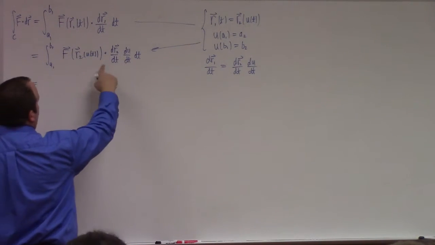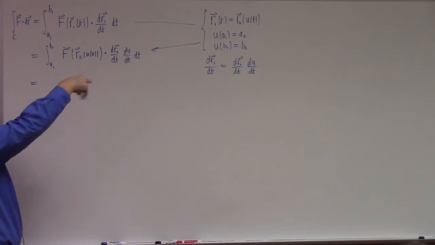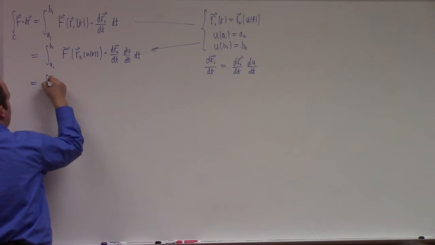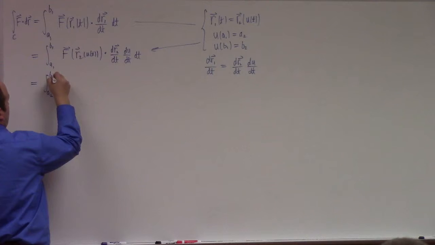So all I've done so far is just converted with the reparameterization. But now I'm going to change the integral with the u substitution that goes from what to what? This goes from A2 to B2.